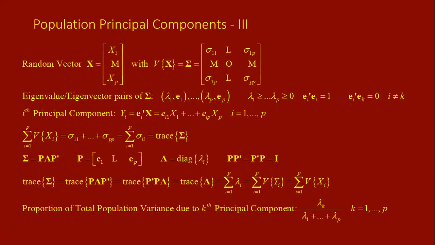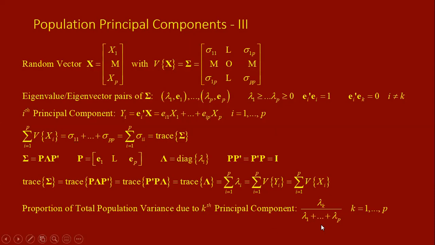Now, if I want to measure the proportion of the total population variance due to a particular principal component, then for instance, take a look at lambda 1 here. Lambda 1 is the variance of that particular principal component, okay? To measure the contribution of that component, I'm going to say lambda 1 divided by the total variance, okay?